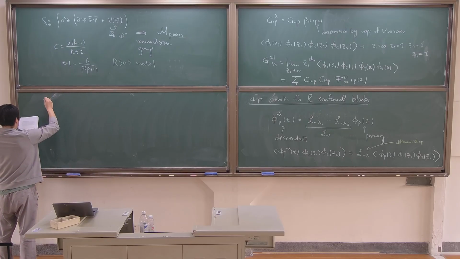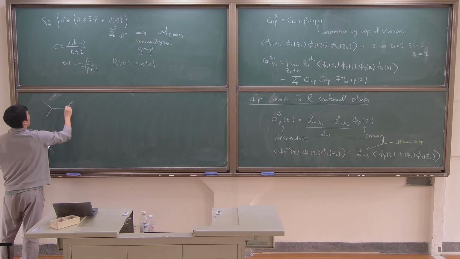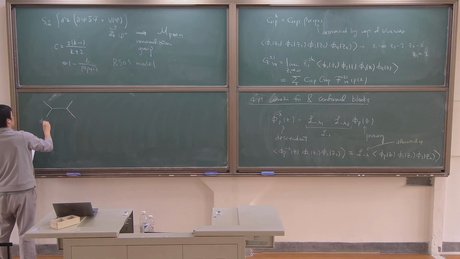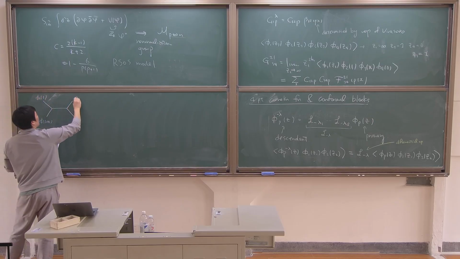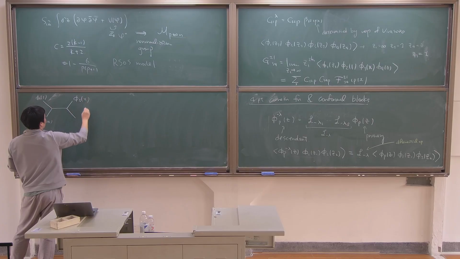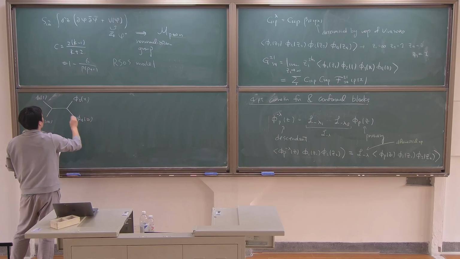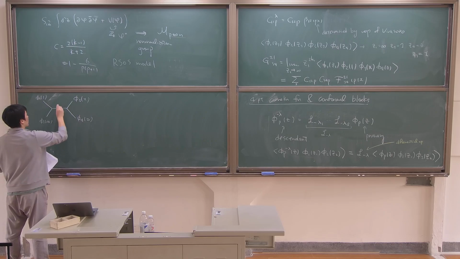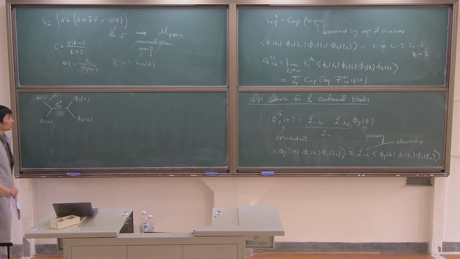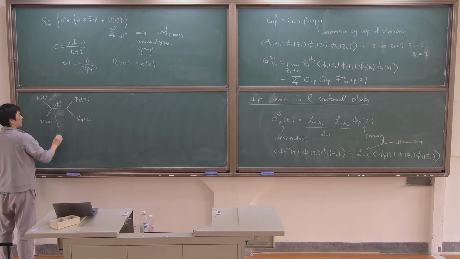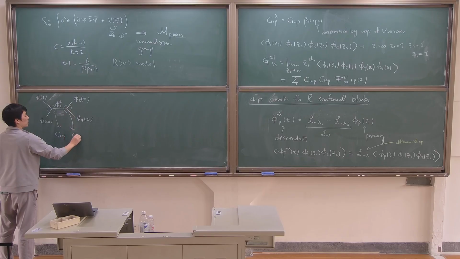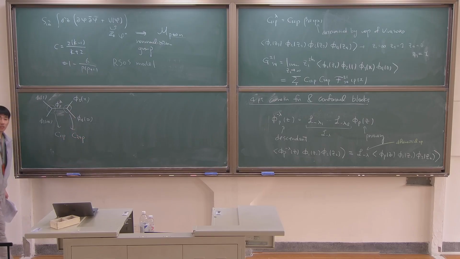So you have phi 1 at infinity, phi 2 at 1, phi 4 at 0, and phi p lambda, like this. From here one will get the structure constant 1 to P. From here, one will get the C3 for P. Okay, so that's what you get.